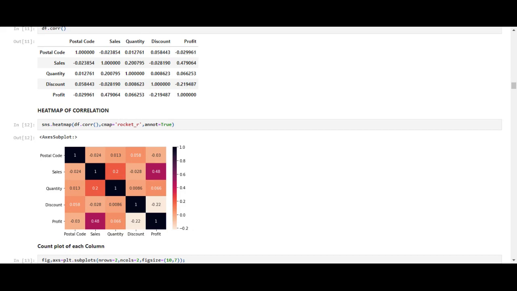From the above heat map, sales and profit are moderately correlated, discount and profit are negatively correlated, quantity and profit are less moderately correlated.